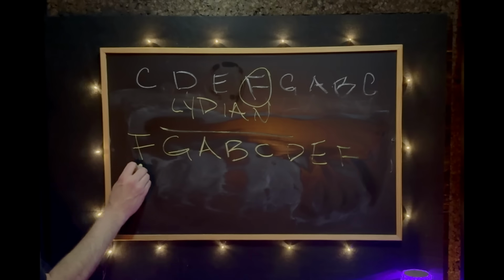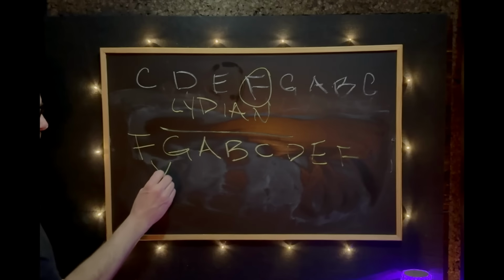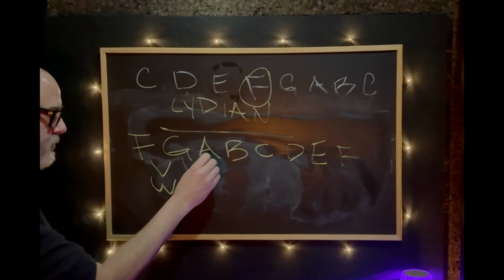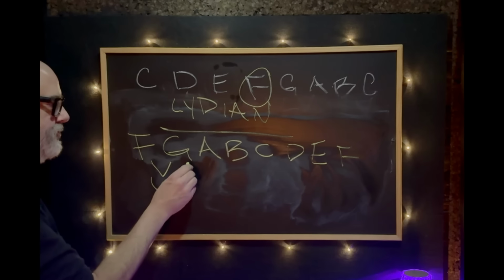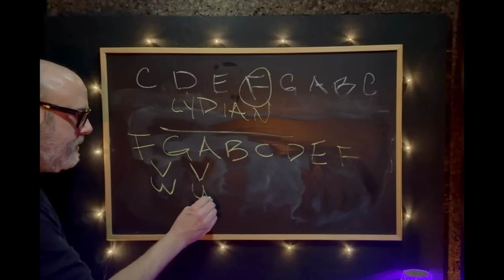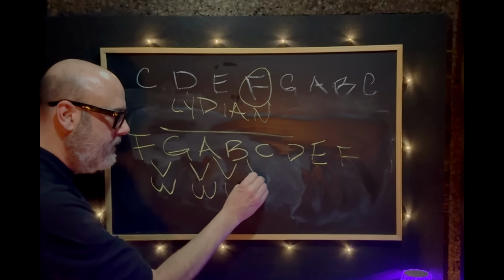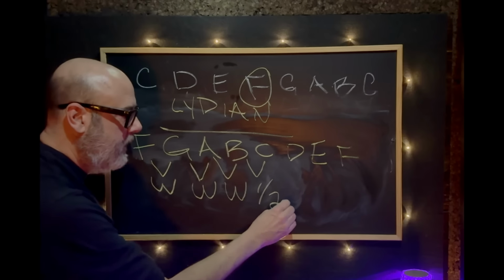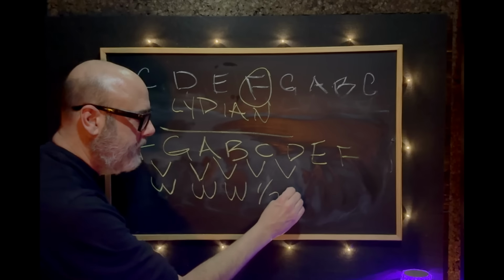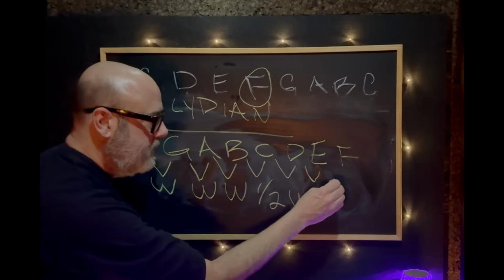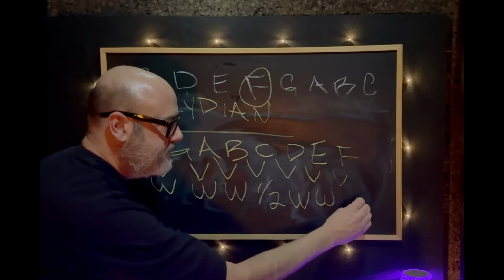What we're looking at, F to G, whole step, G to A, it's a whole step, A to B is a whole step, B to C is a half step, C to D, whole step, D to E, whole step, E to F is a half step.